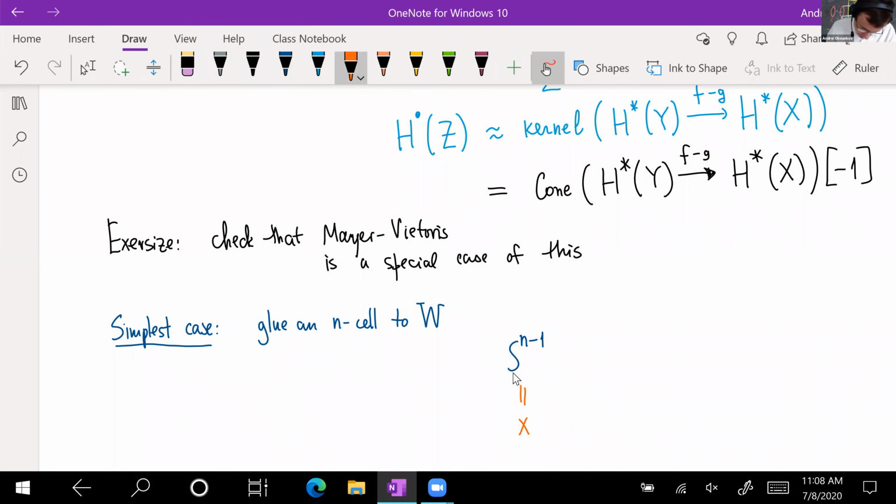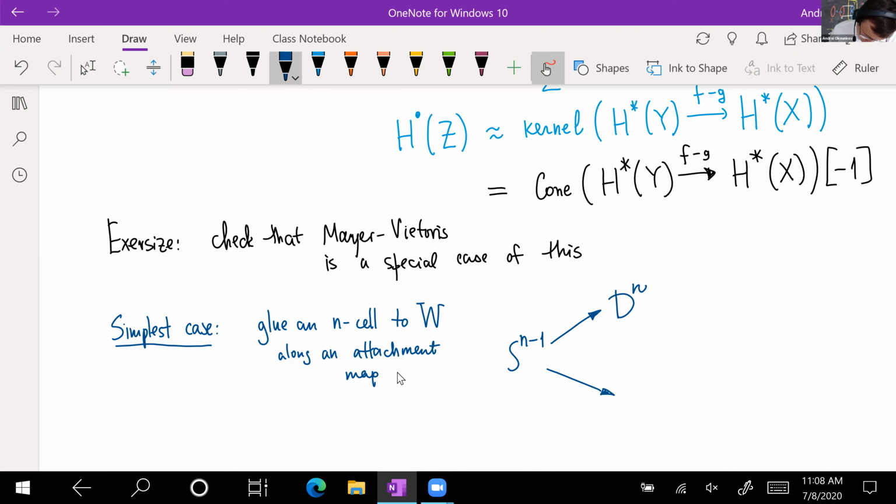I have a map that embeds it as the boundary of the n-dimensional disk, and I have some map, an attachment map F, so this will be the attachment F to some W.